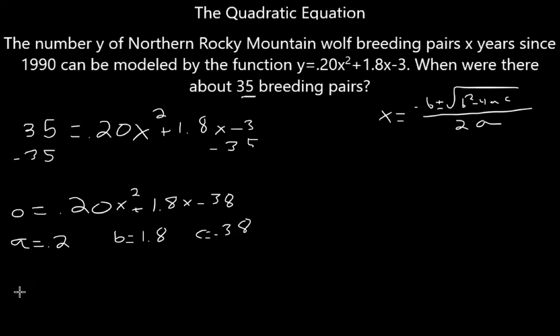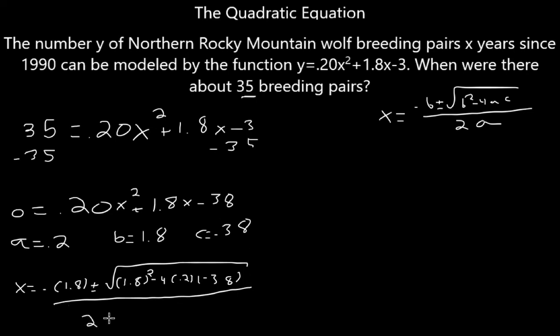We're going to get x is equal to negative 1.8 plus or minus the square root of 1.8 squared minus 4 times 0.2 times negative 38, and this is all going to be divided by 2 times 0.20.